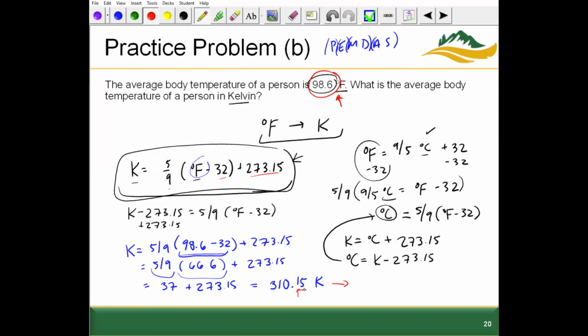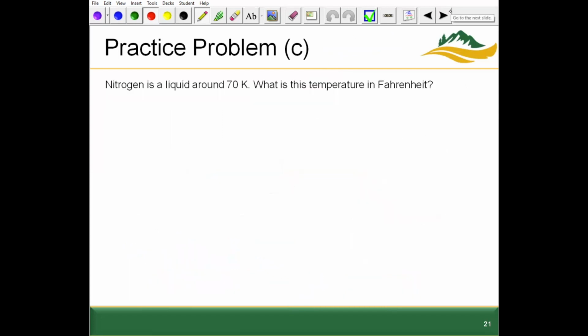And because this is 5 here, so 310.15, that means we round this up to 2 for our final answer, 310.2 Kelvin. If this number here were between 0 and 4, we would keep 1 as 1, but between 5 and 9, that means we round that digit up. So that is our final answer, and there's one more practice problem we'll do.